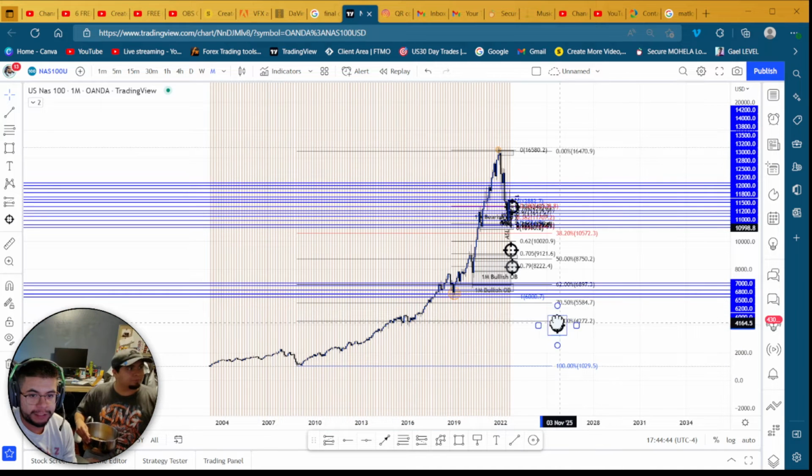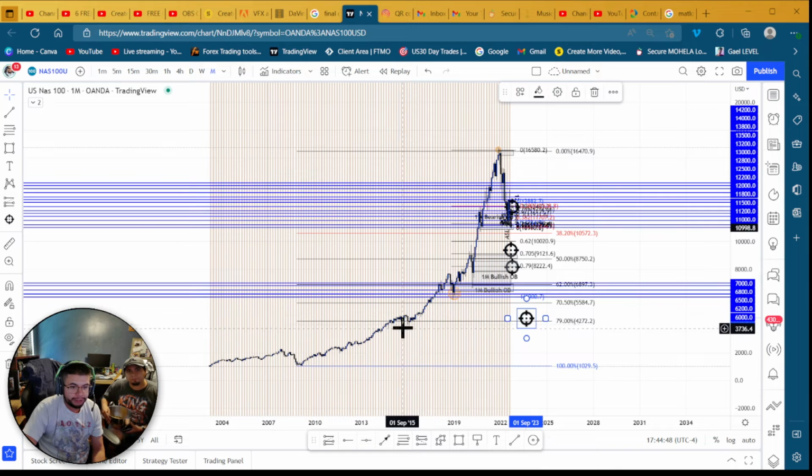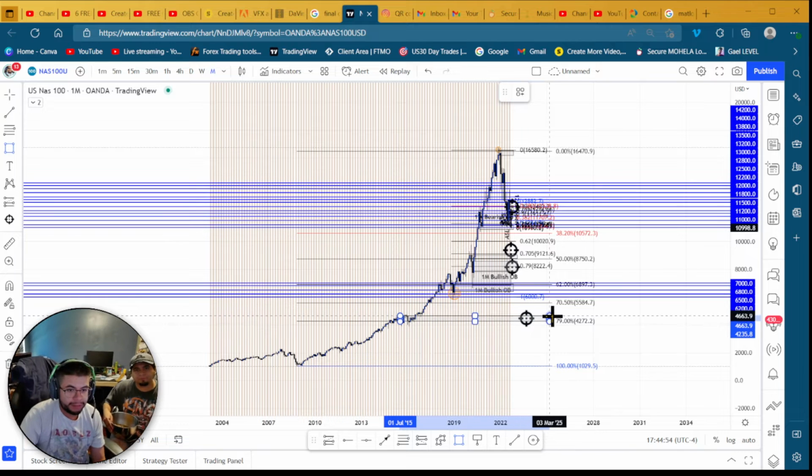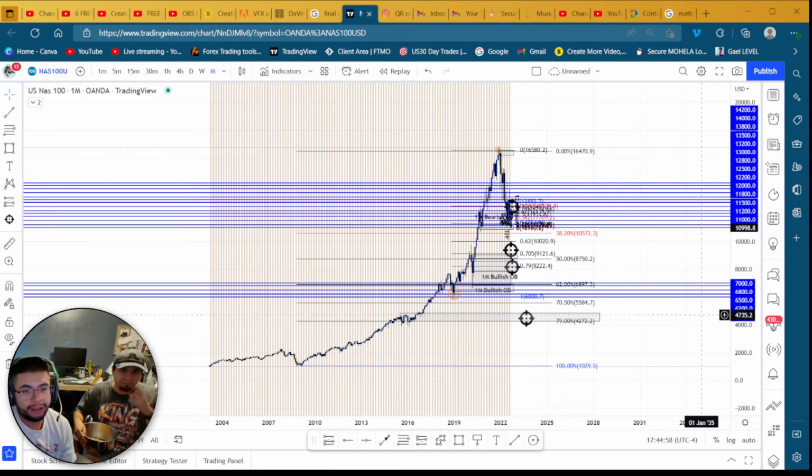And there's this 79% fib level here, a lot of consolidation. We know that there's an order block in here somewhere. I don't want to zoom in, but that lines up on a higher time frame. Could come down, take all this liquidity.